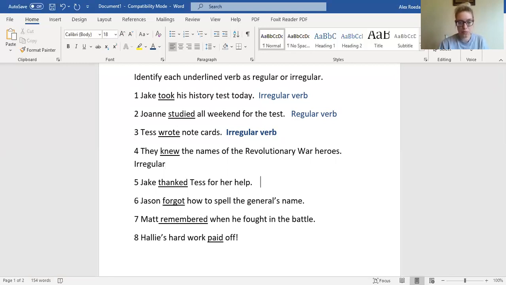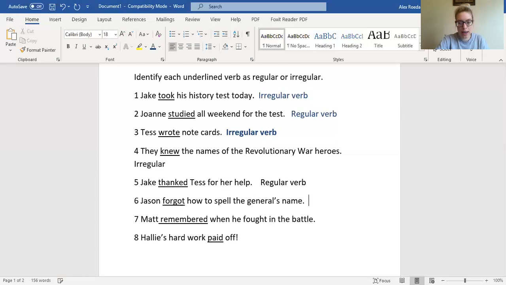Those are pretty simple. So number 5, we're looking at that verb thanked. What's the present tense of thanked? It would be just thank. So Jake thanked Tess for her help. We just added that ed or that d, so that would be a regular verb for number 5.